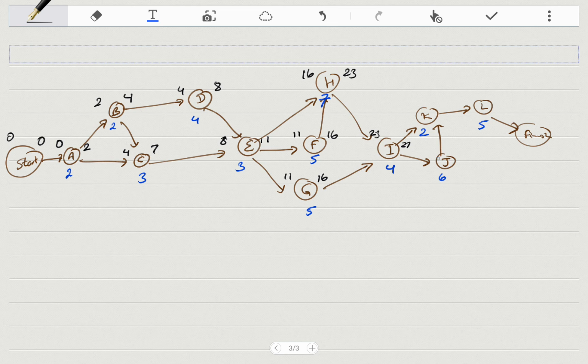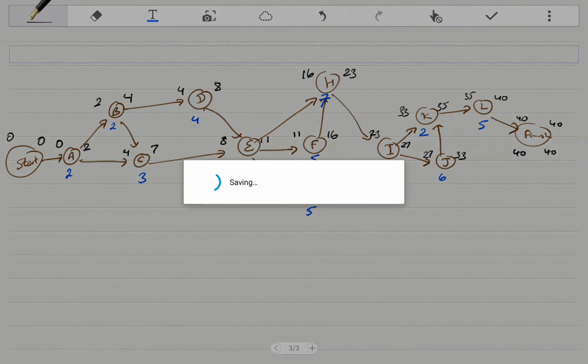K I can't start, so J I can start after 27, 27 and 6 is 33. K I can start on 33, 33 and 2 is 35. L I can start on 35, 35 and 5 is 40. Okay, so we can just do 40 and 40 and 40 and 40.